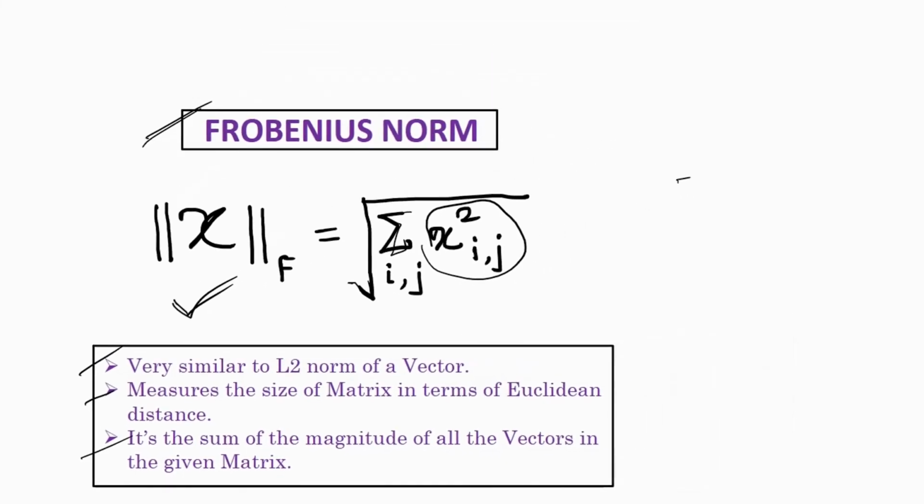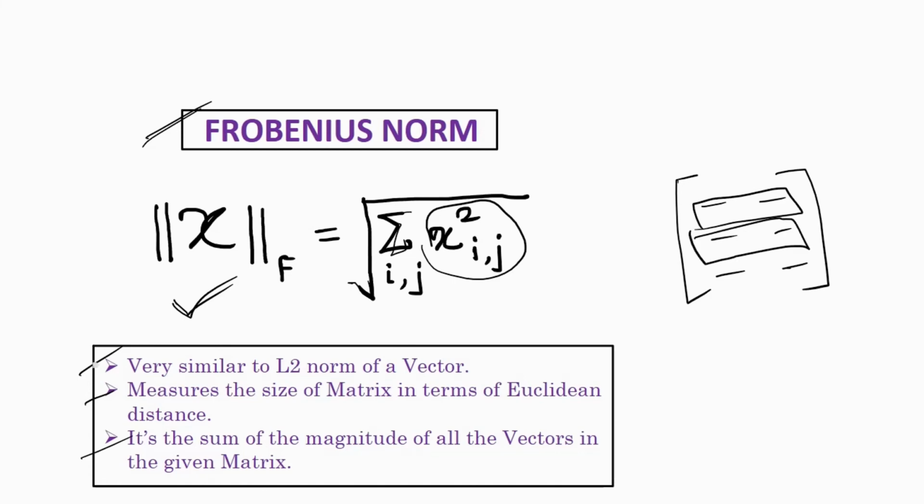So let's say that you have a 3x2 matrix like this. Then each of these rows can be considered as a vector, and this is why the Frobenius norm can be considered as the sum of the magnitude of all the vectors in the given matrix. Now let's go ahead and see the implementation on Jupyter Notebook so that it makes more sense to us.